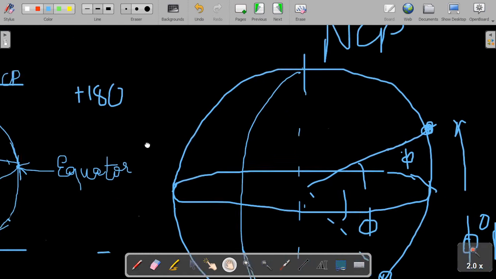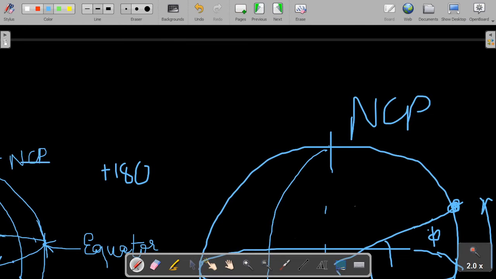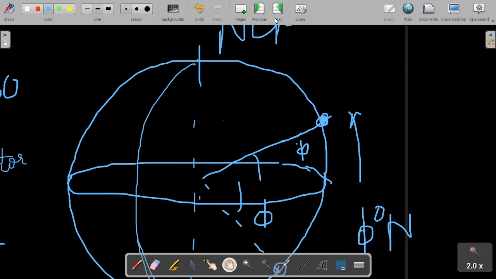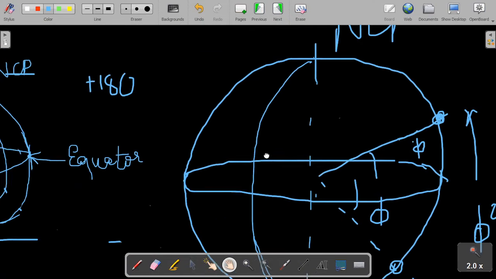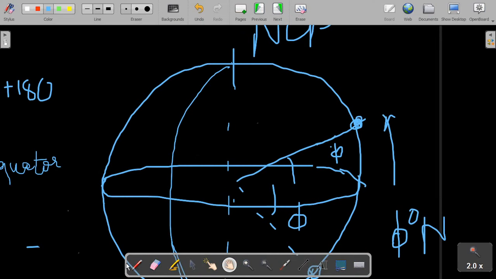So a great circle is a circle on a sphere which has the same diameter as that of the sphere. So the great semicircle has the diameter same as that of the sphere. Although I don't know if it's an accepted definition or not. People just call them meridians.